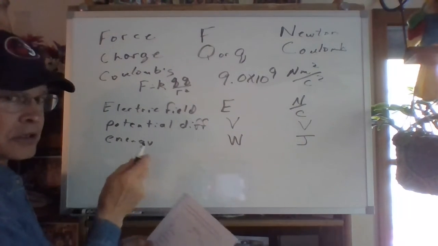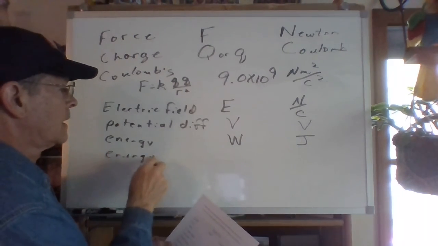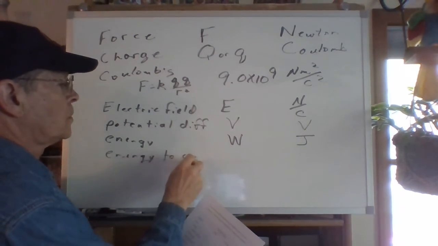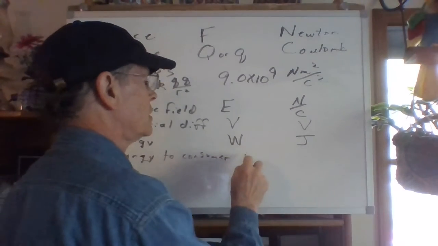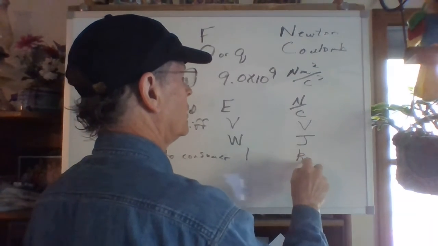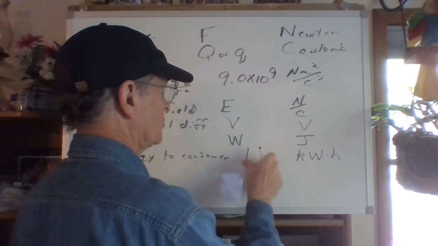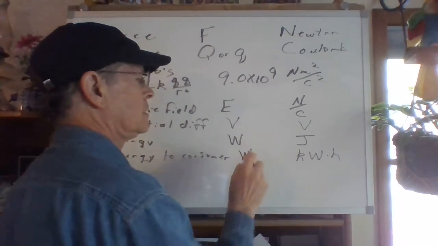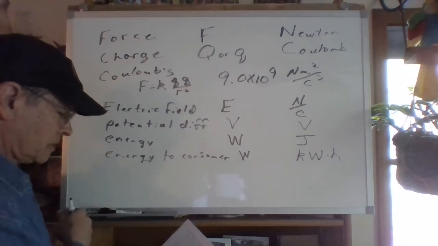And energy sold to consumers, though, we said, the power company doesn't use the joule, it uses the kilowatt hour. We'll put that here, kilowatt times hour. There's really no symbol for it, I guess. W would also be a symbol for work, energy.